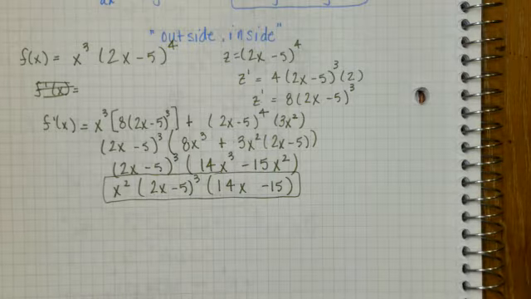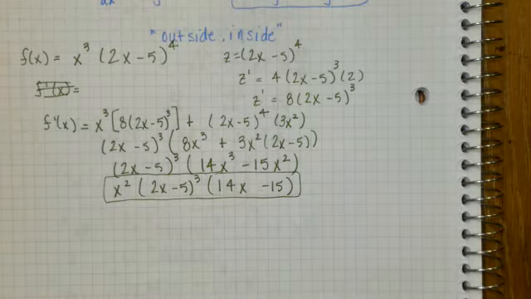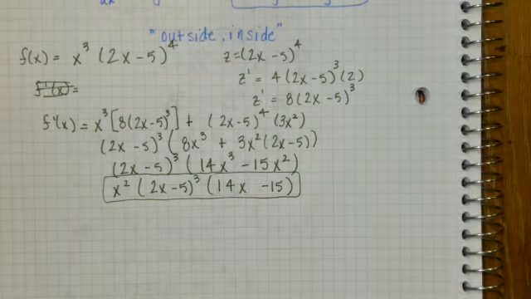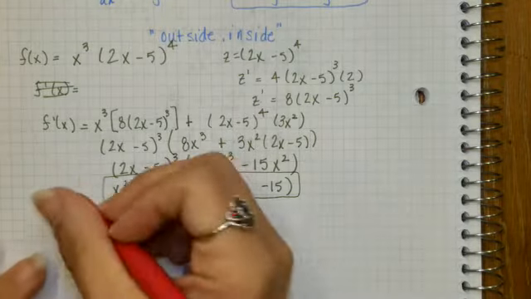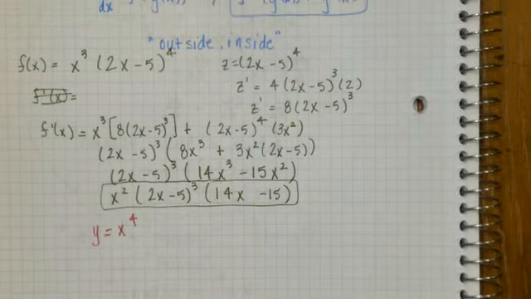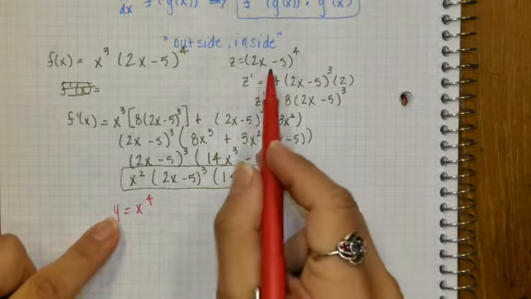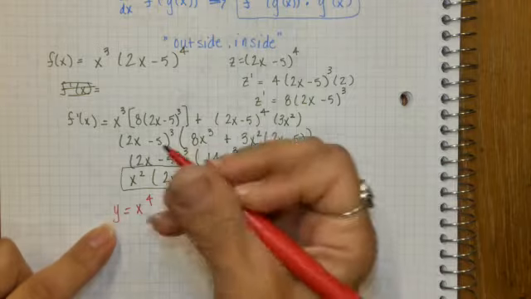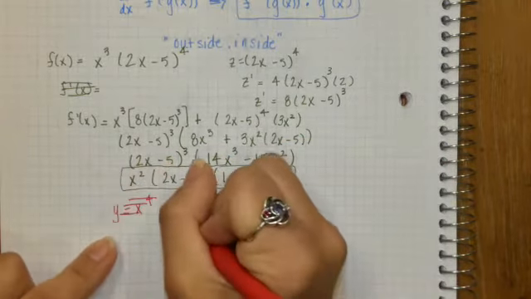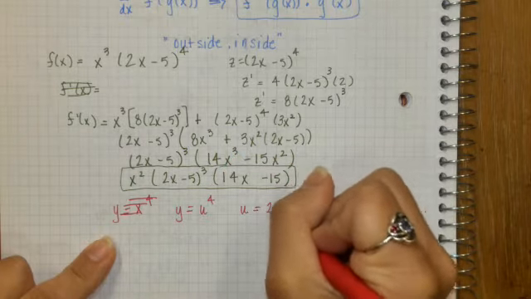If you prefer to do the 2x minus 5 to the fourth using a u substitution, you can certainly do that. And let me show you really quick what that would look like. So you could say y is equal to u to the fourth, where u is 2x minus 5.